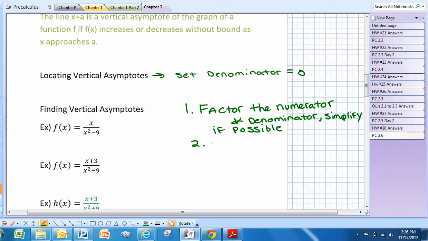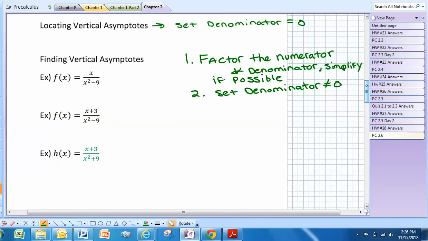And then step 2, we're going to set the denominator equal to 0. And it's important you factor and simplify because some of these you can simplify. For example, the bottom here, it's x minus 3 and x plus 3.